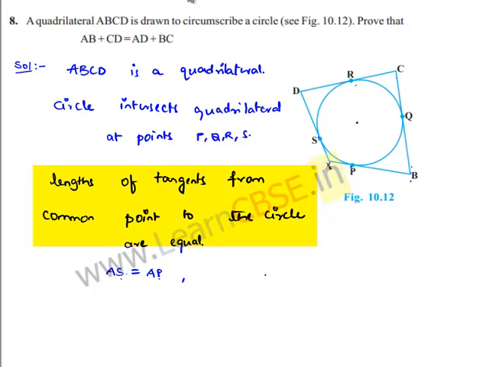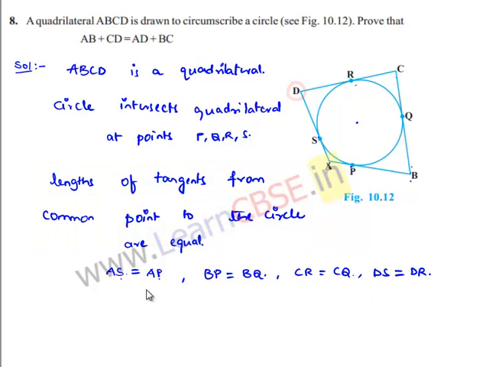If we consider from point B, the tangents are BP and BQ, those lengths will be also equal. And from point C, CR and CQ are tangents, those lengths will be equal. And from D, DS and DR are tangents, those lengths will be equal.